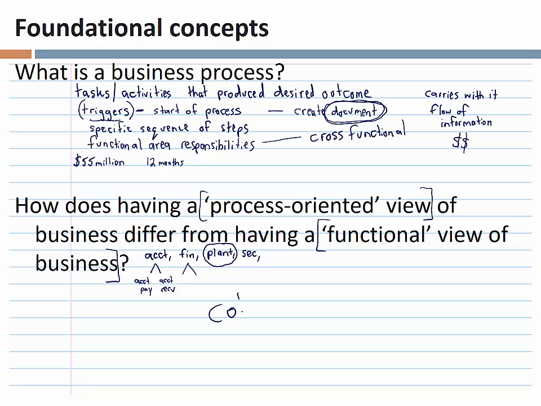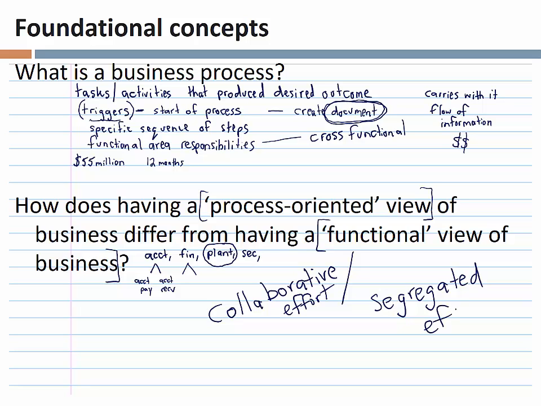One of these, if you will, views an organization as a very collaborative effort, where the other views an organization as a very segregated effort. So, let me toss one part of this to you. What does it matter?